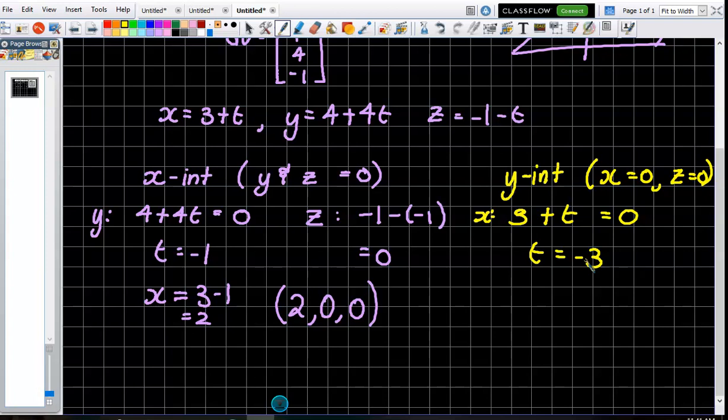And then when I sub it into z, I get -1 take -3, which is 2, which is not equal to 0. So you can see that that is not going to be an intercept for the y-axis. And then we check the z-intercept, and we'd expect to see the same thing because we only saw a solution for the x-intercept. Does that make sense? Yeah, but you do have to check all three.